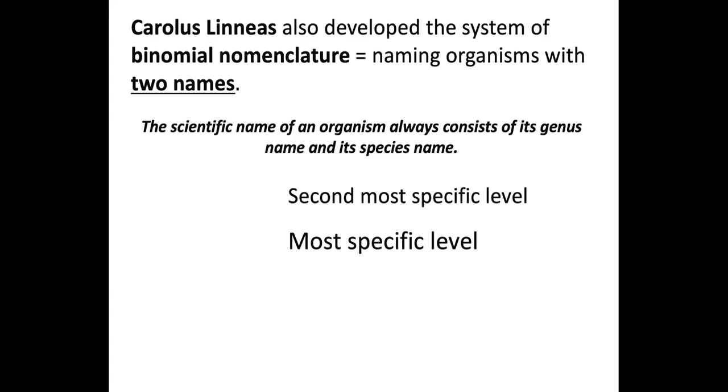Homo, genus; sapiens, species. The genus is the second most specific level, as we saw in the classification system, and species is the most specific. This is the easiest to remember: species specific. So that is how we name organisms scientifically.